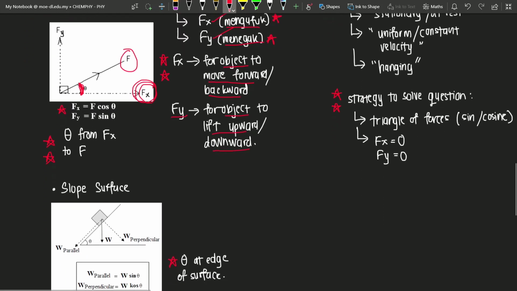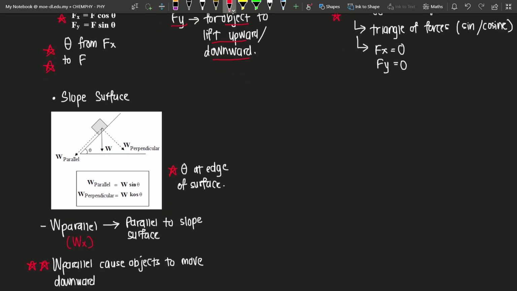So, next thing is our slope surface, permukaan condong, satah condong. So, dekat permukaan condong, you guys akan ada objek yang mempunyai berat. The weight of the object can be resolved. Kita akan leraikan juga berat objek tu kepada W parallel ataupun Wx atau W perpendicular, Wy.